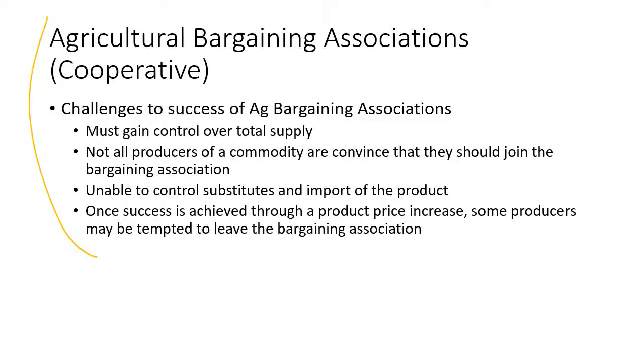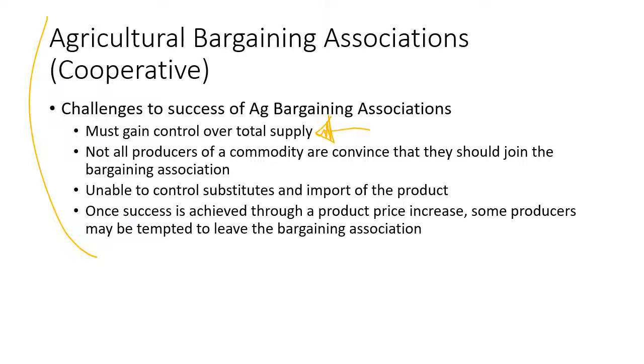In general, a little bit more information on the bargaining associations or the cooperatives. Generally, they don't have very much success. There are a lot of challenges, because in order to be successful, they must be able to gain control over the whole supply. A lot of producers are not sure that they should join the bargaining association.